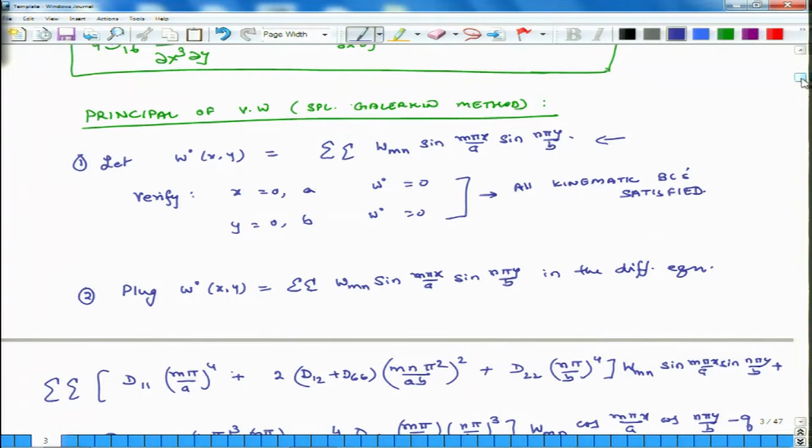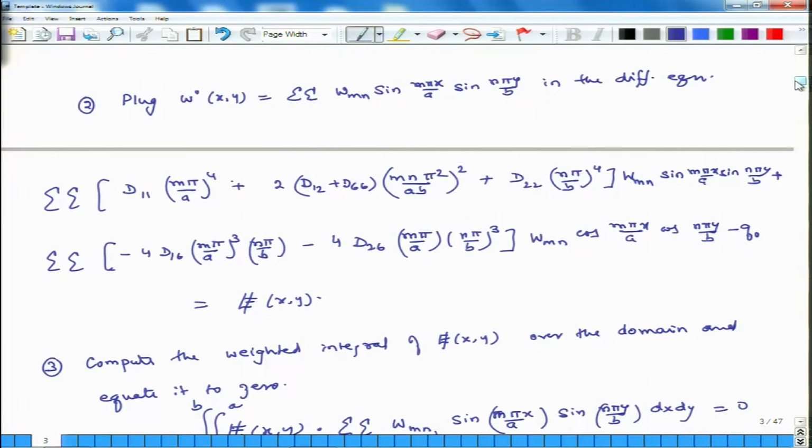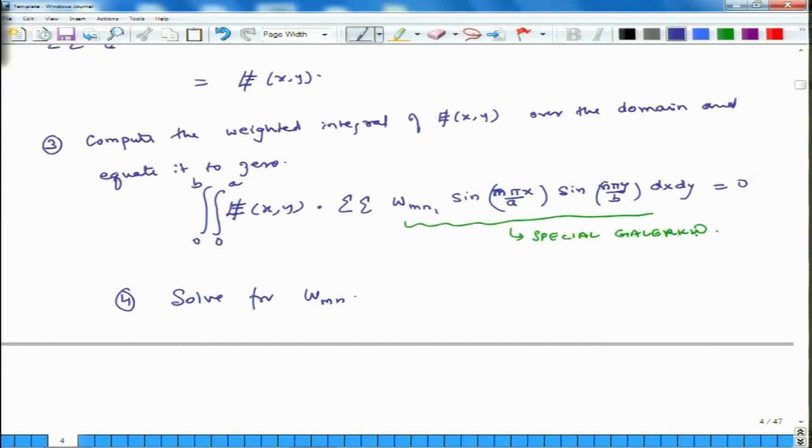So, we assumed that W is a sine series in two directions, sine m pi x over a, sine n pi y over b, and such an assumption satisfies all the kinematic boundary conditions. The next step was we calculated the error in the equation, and that error got multiplied by a weight function or a trial function W mn1, sine m pi x over a times sine n pi y over b, and the product of this function with the error is integrated over the domain and set to 0.